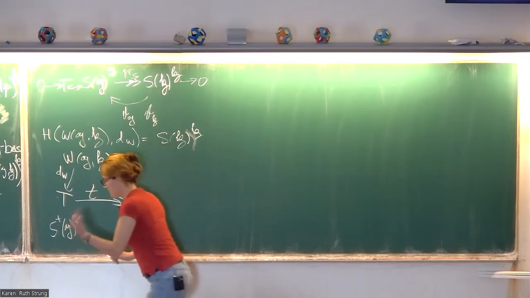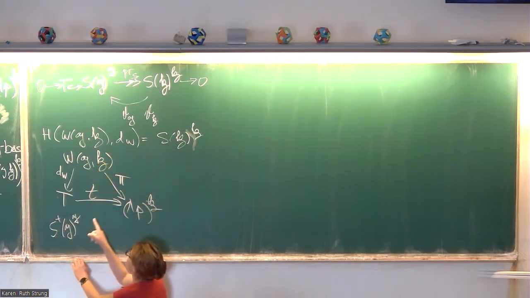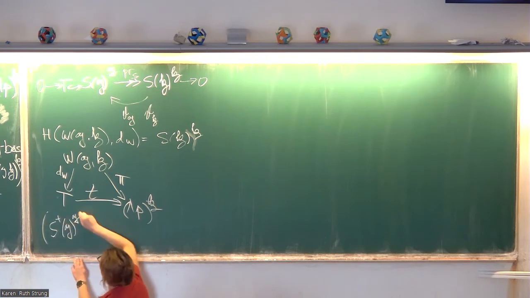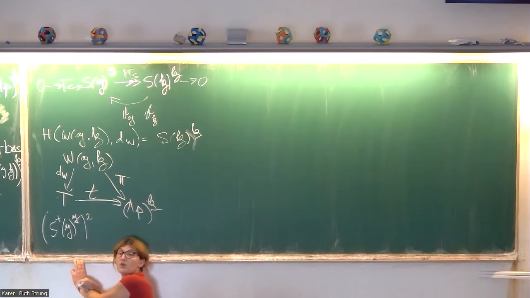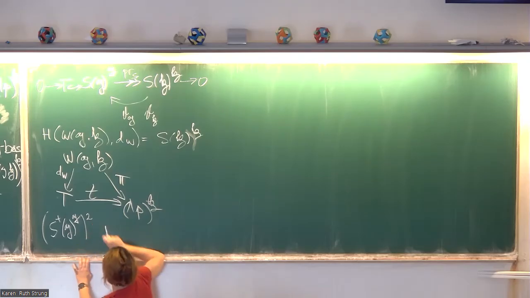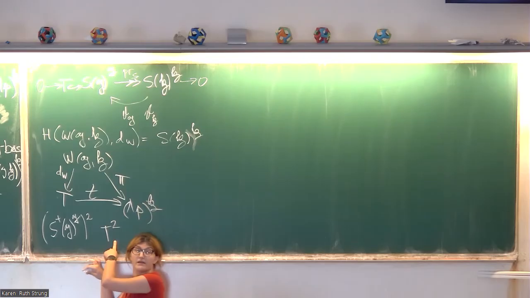And then over there, it turns out that the kernel of the transgression is precisely the square of this. So what we thought is that the same statement will hold true in the relative case, meaning that this will be the kernel. It turns out it's a bit bigger.